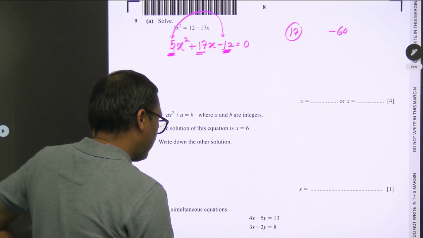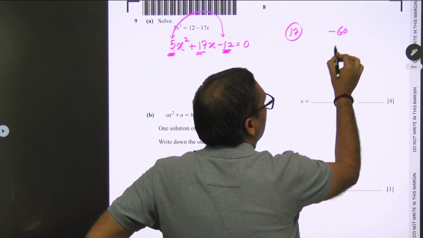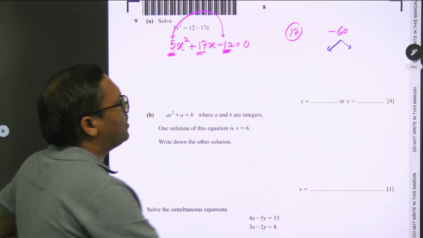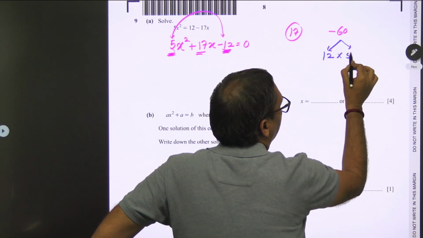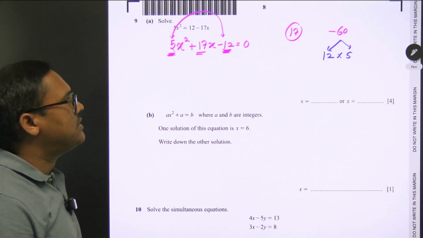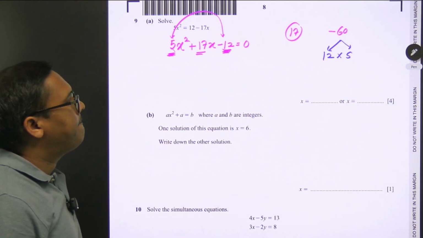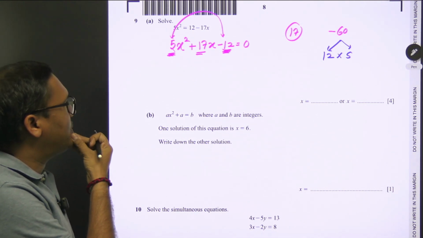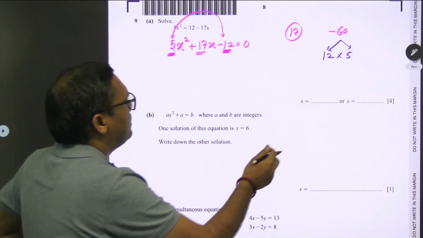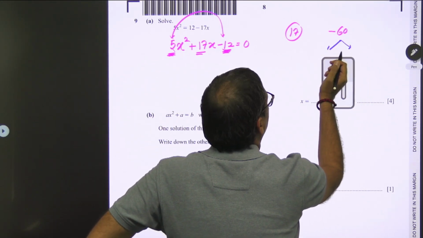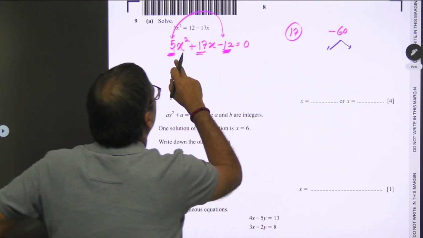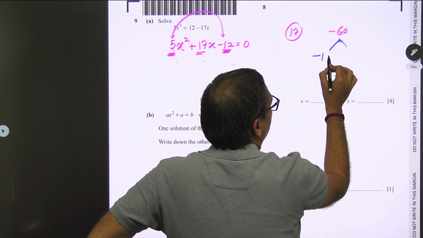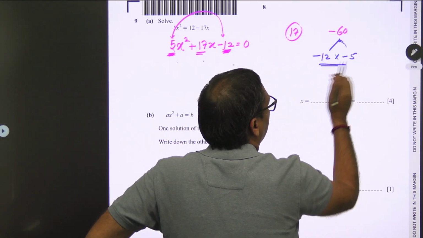So you can see, for 60, you can say 12 into 5, that is 60. Product should be equal to minus 60. So this is again not possible, because if you take minus 12 into minus 5, sorry, this is also not possible.